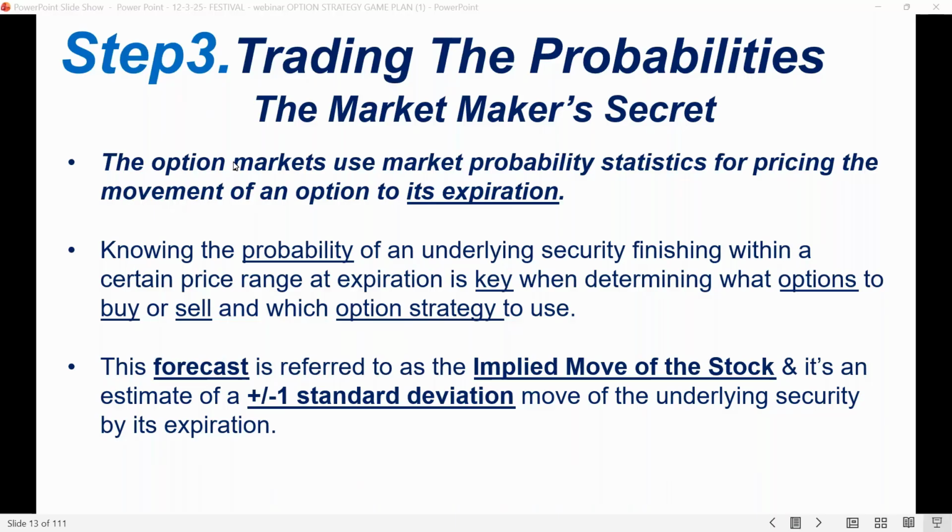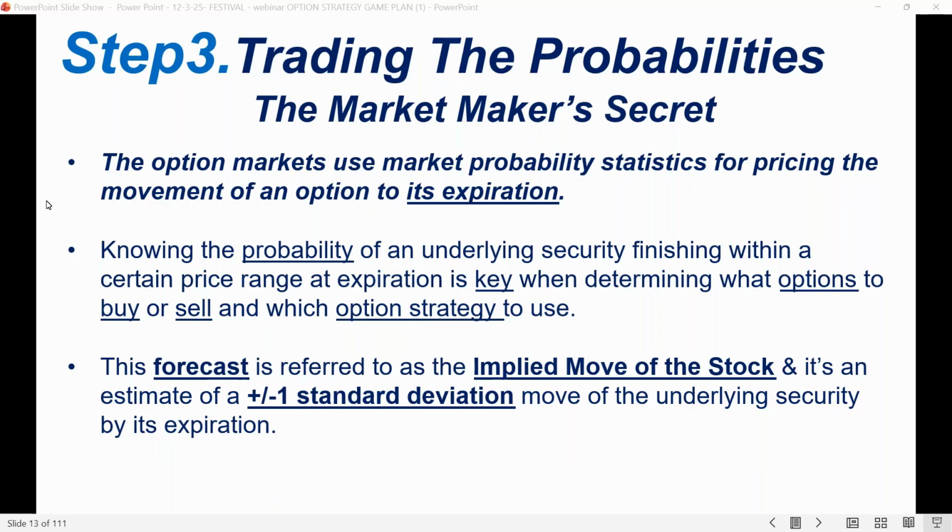Now, the next thing, step 3, is to understand the probabilities, trading the probabilities, what I call the market maker secret. Option markets use market probability statistics for pricing out the movement of your option into its expiration.